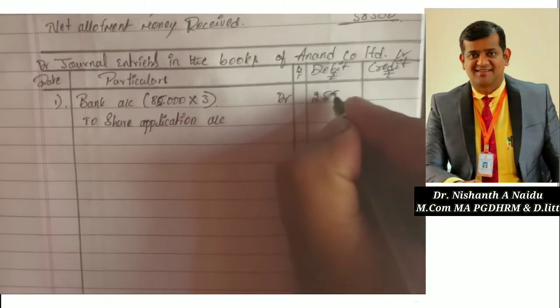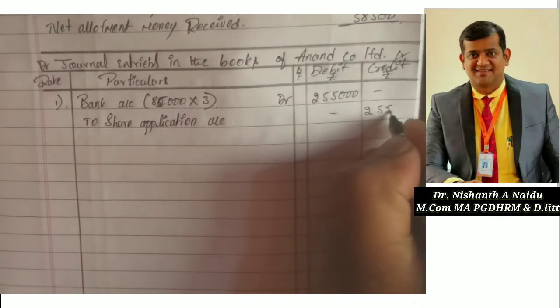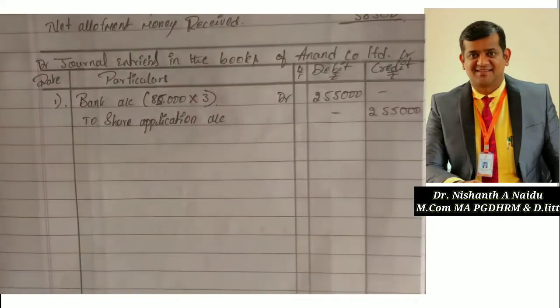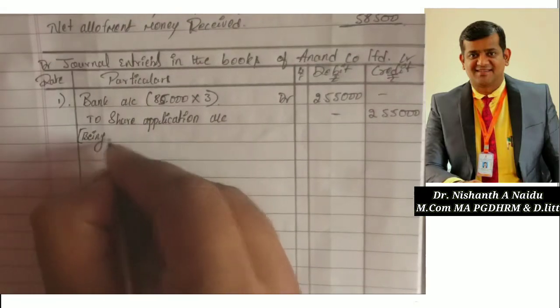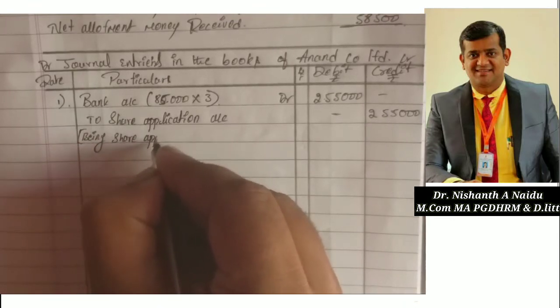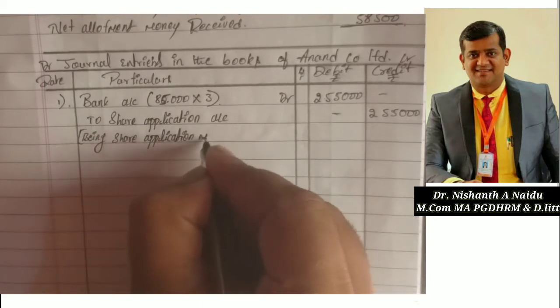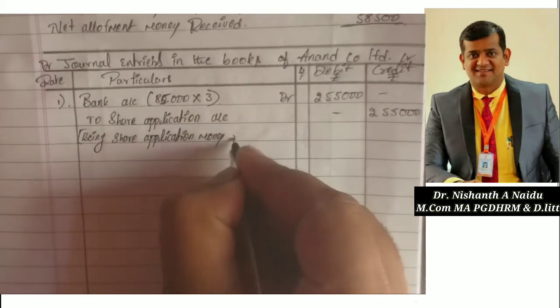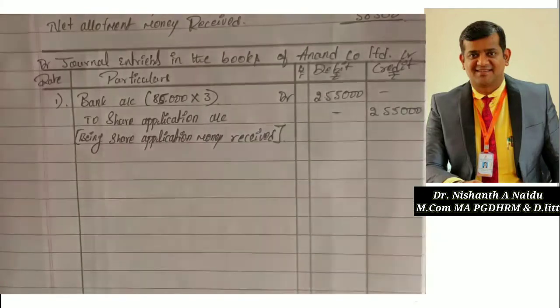So let us write 2,55,000. Okay, so write down the narration: being share application money received.